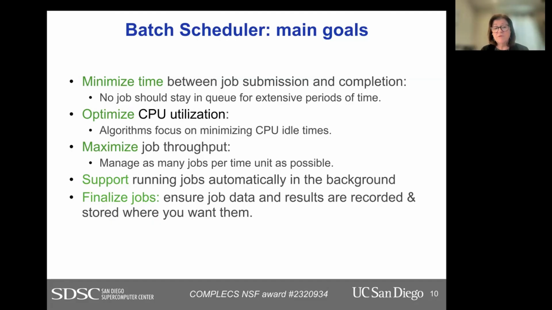Maximize job throughput: get as many jobs running through the machine and through the system per time unit as possible. And support the running jobs automatically in the background so that you don't have to worry about it. You literally can fill out your batch queue request, go get your coffee, and come back and find out it's running, and then come back and find out it's done, which is kind of nice.